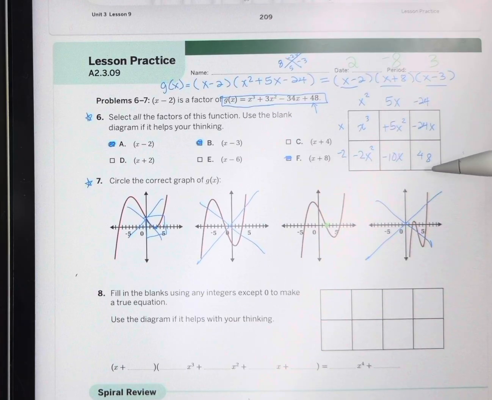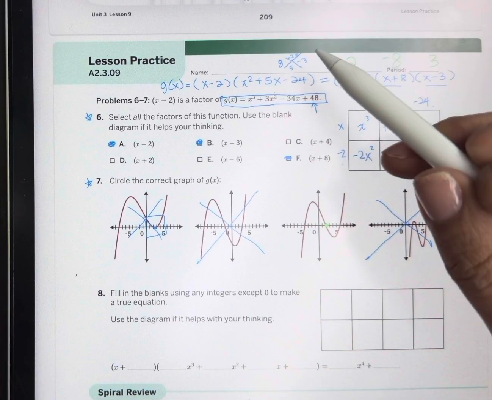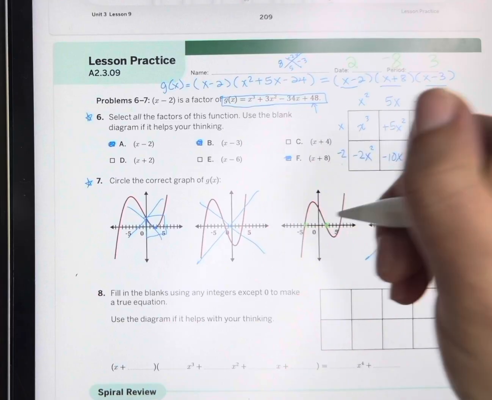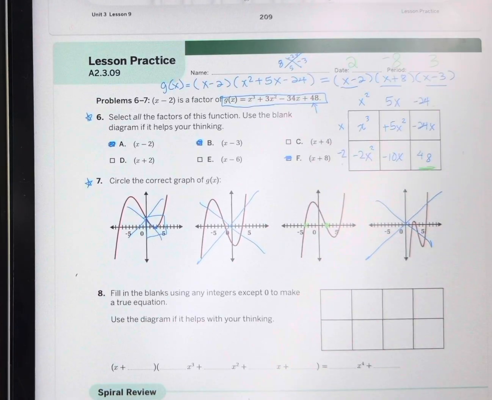I don't see a mistake. This is 48. And with a negative 2, this has to be negative 24. Why do they have one at negative 4 instead of negative 8?